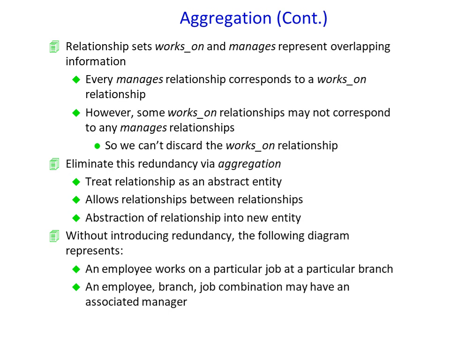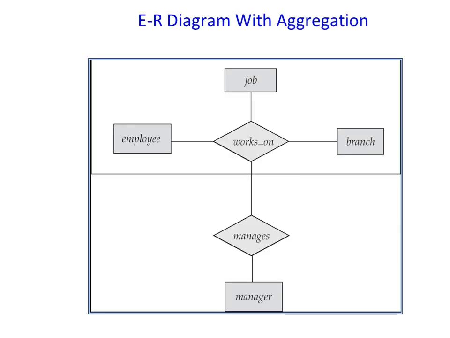Treat a relationship as an abstract entity. Allow relationships between relationships. Abstraction of a relationship into a new entity. Without introducing redundancy, the following diagram represents an employee who works on a particular job at a particular branch. An employee, branch, job combination may have an associated manager.